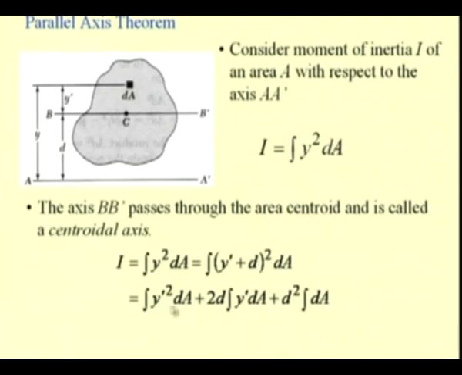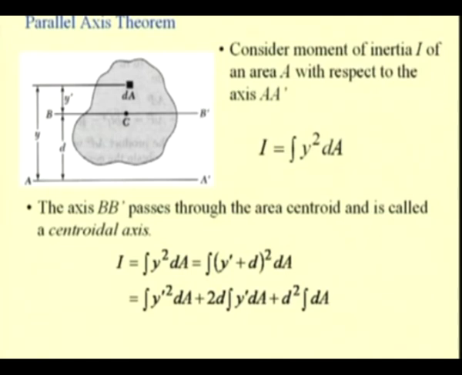If we expand this, we have integral y prime square dA plus 2d, d being constant, it has been taken out of the integration, integral y prime dA plus d square integral dA. This quantity is nothing but the first moment of this elemental area dA with respect to this axis B prime, which is nothing but a centroidal axis.